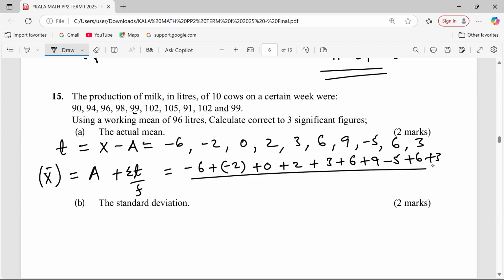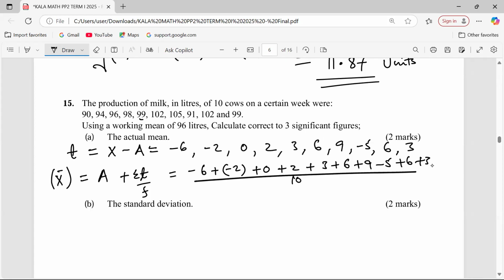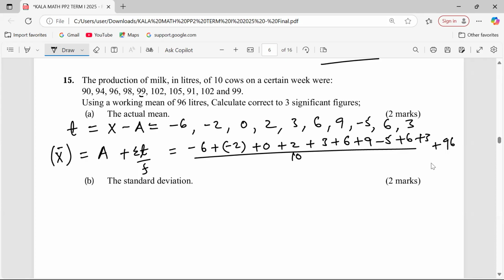Then out of the total number of cows, which is 10, and we'll be adding 96 to this. So this is going to be 16 over 10 plus 96. So this should be 97.6.